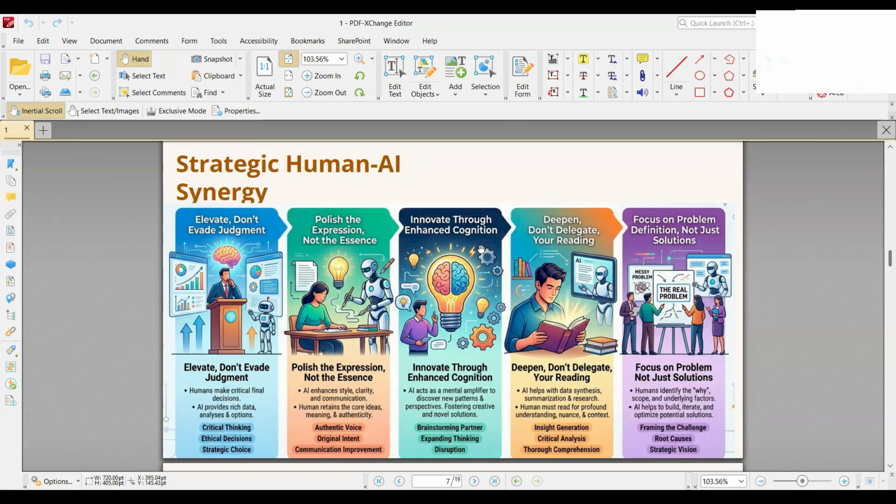We can see this infographic represents a strategic framework designed to help individuals and teams maintain human agency and depth while leveraging artificial intelligence as a powerful cognitive partner.